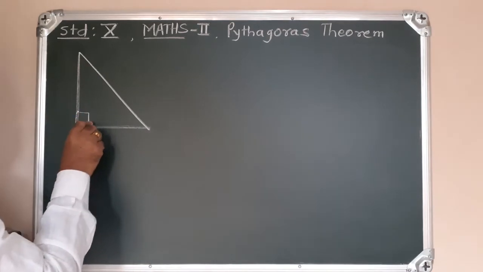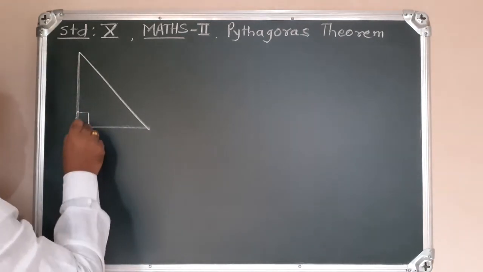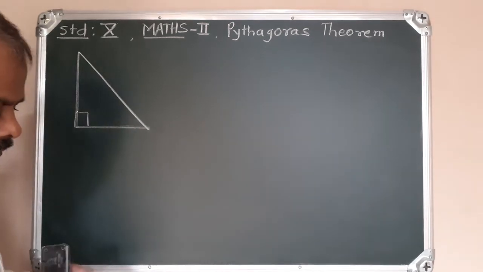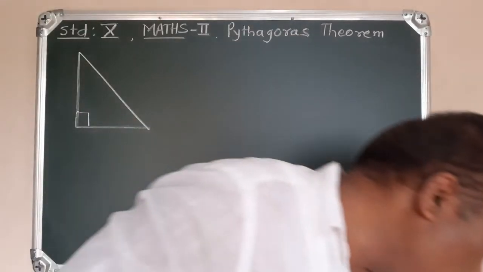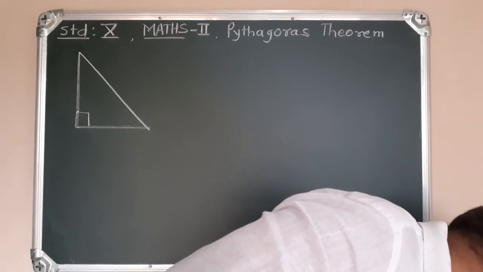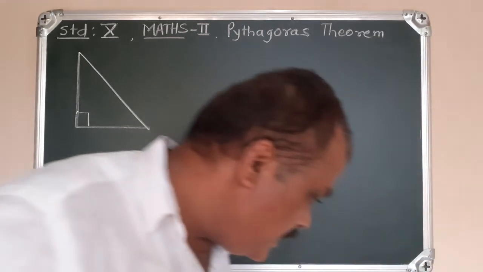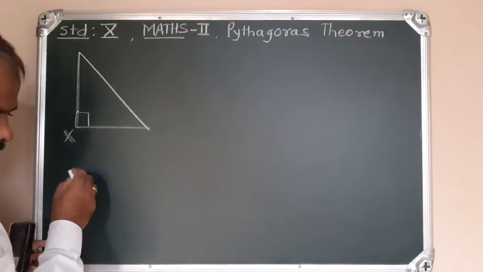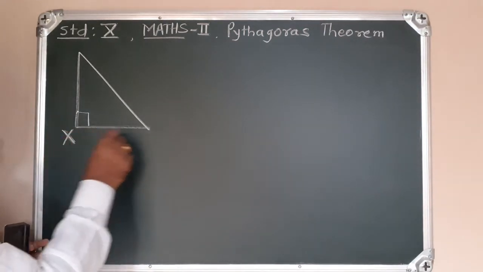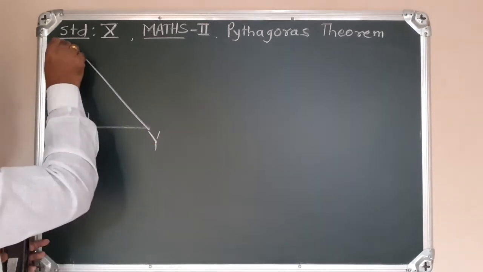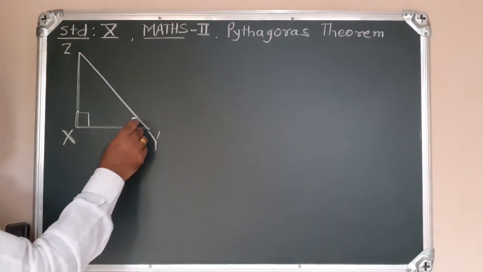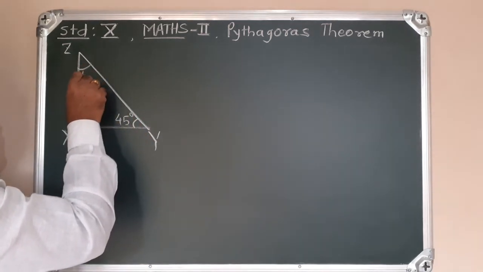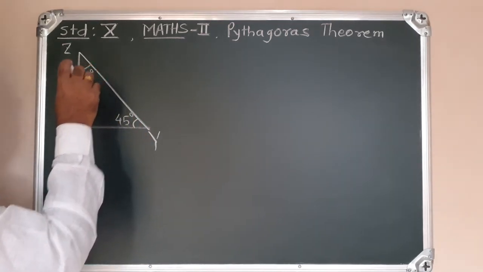In a right angle triangle, if this is a right angle, that is measure of this angle is 90 degree, and name of this triangle which is given in the book, ZXY. Here is X, here is Y, and here is Z. So measure of this angle is 45 degree and measure of this angle is also 45 degree.